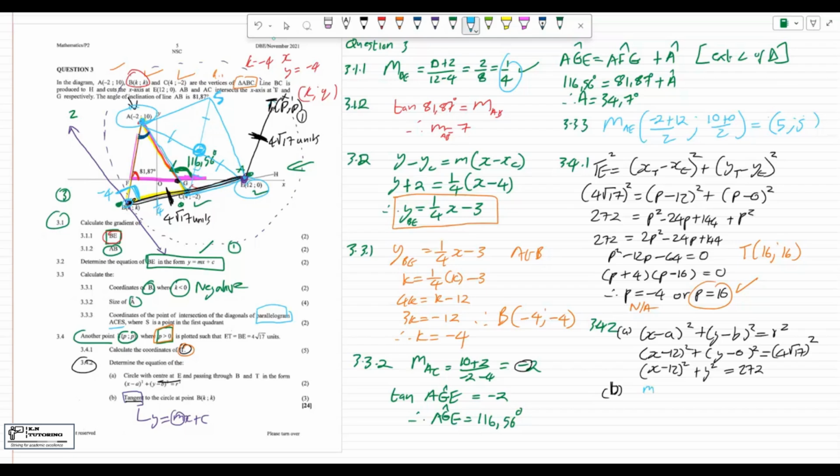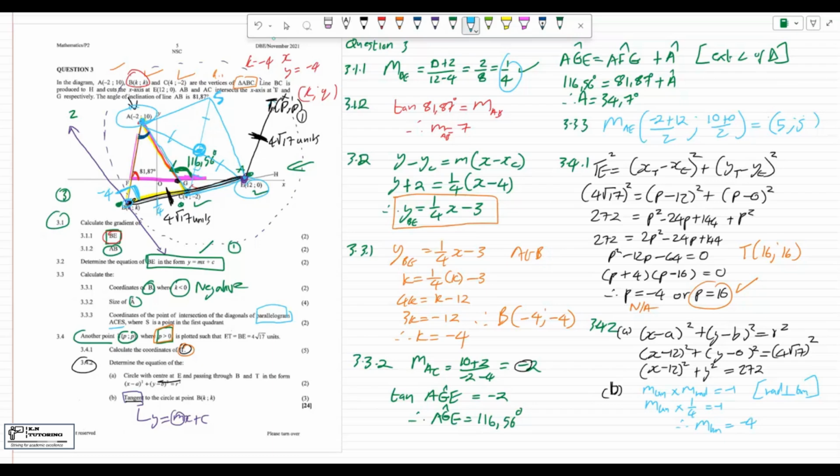We know that the gradient of the tangent multiplied by the gradient of the radius equals -1. The gradient of the radius, m_BE, is 1 over 4. So, radius perpendicular to tangent, therefore the gradient of the tangent is going to give us -4.